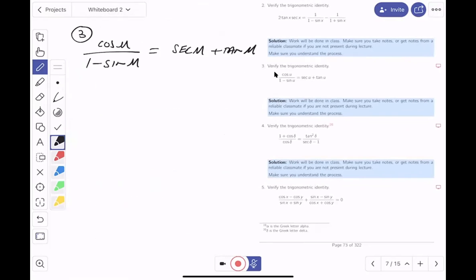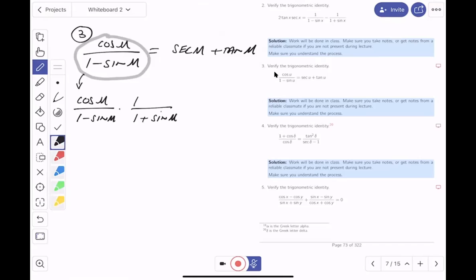Now I'm going to choose a side. So this is what side you're going to choose. Well, you choose a side that you would like to work with. I want to work with the left side now. Put it to work. And what I'm going to do is I'm going to rewrite this guy. I'm going to multiply top and bottom by the conjugate.